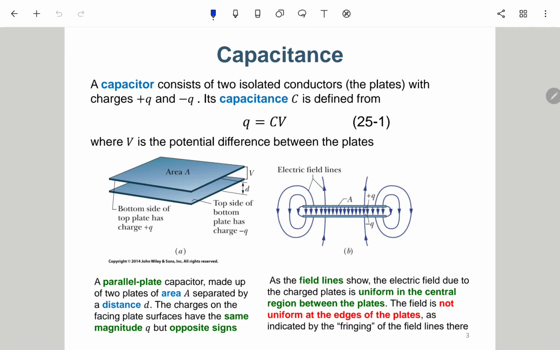So this is the definition of a capacitor.